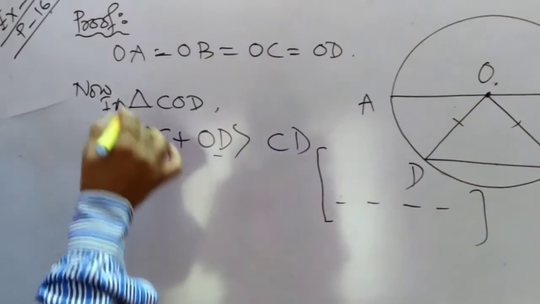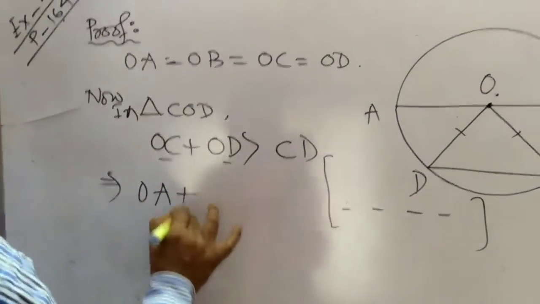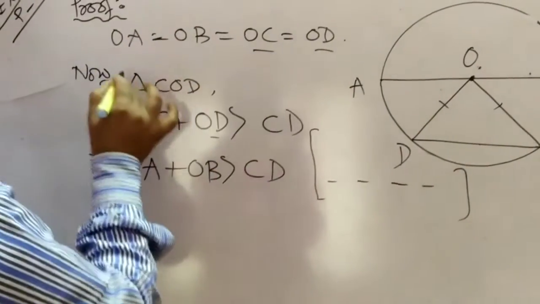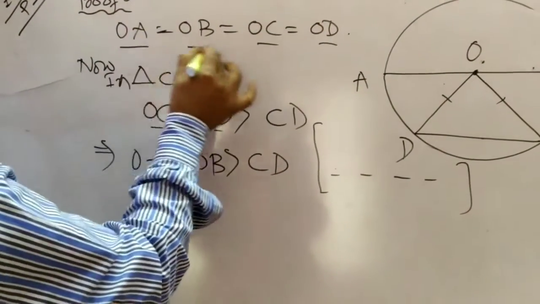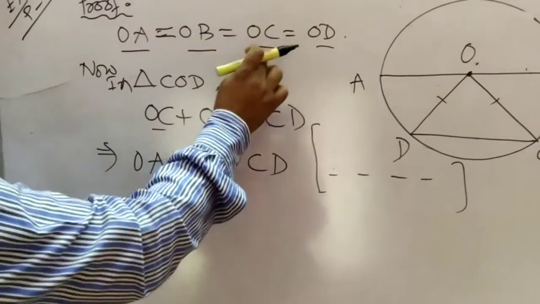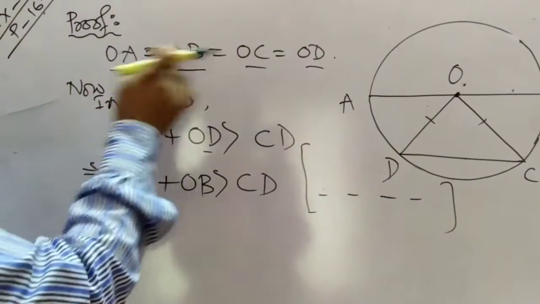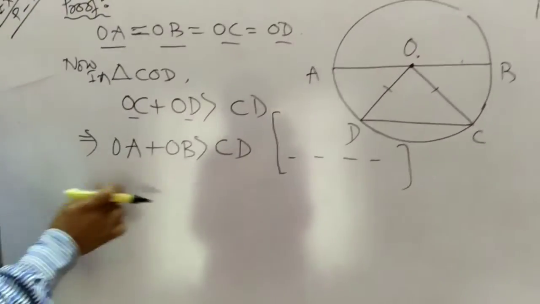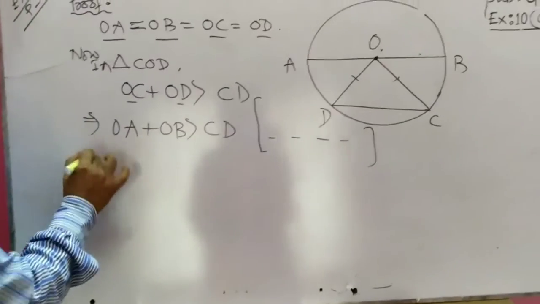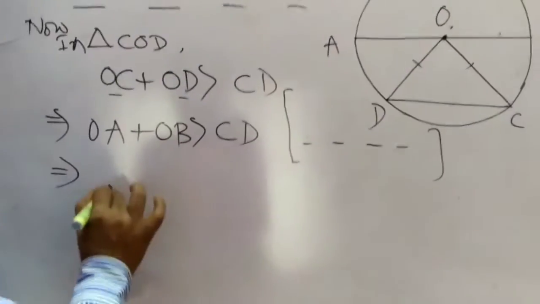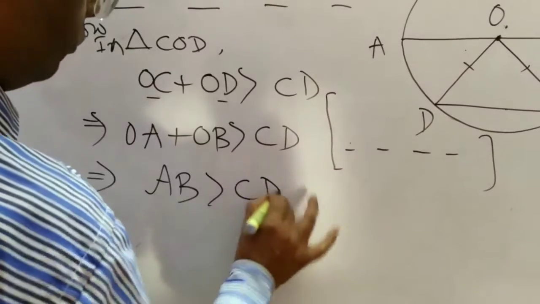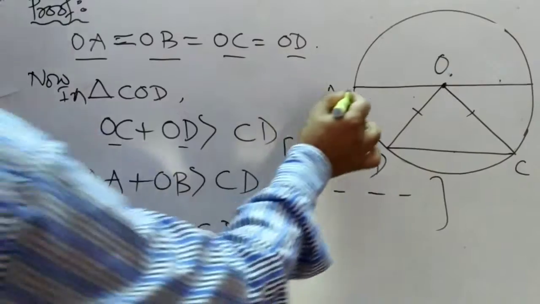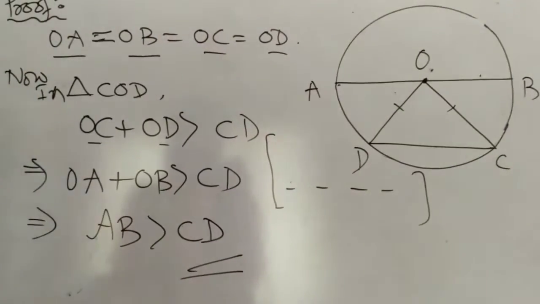OC plus OD কে আমরা লিখতে পারি OA plus OB greater than CD, because OC and OD equal OA and OB. So OC এর পরিবর্তে OA লিখলাম আর OD এর পরিবর্তে OB লিখলাম। তাহলে OA plus OB মানে কি? AB হয়ে গেল। Therefore AB greater than CD.